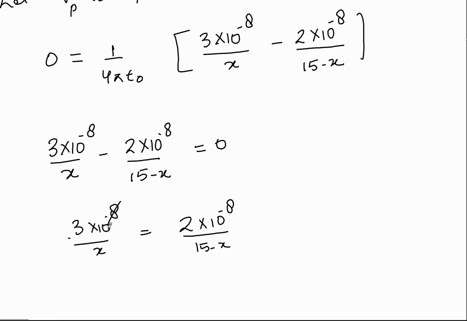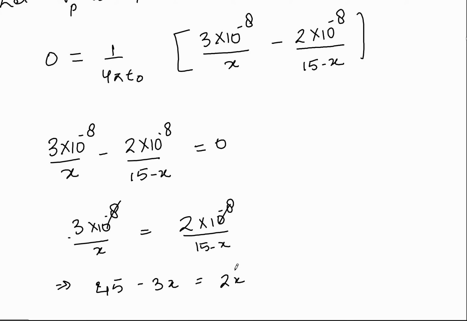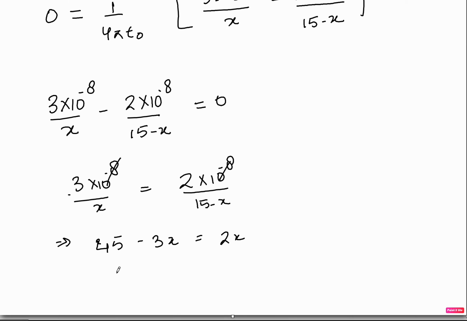Cross multiplication, this will get cancelled out, and on the left hand side we will get 15 threes are 45 minus 3x is equal to 2x. On solving, it will be 45 is equal to 5x.